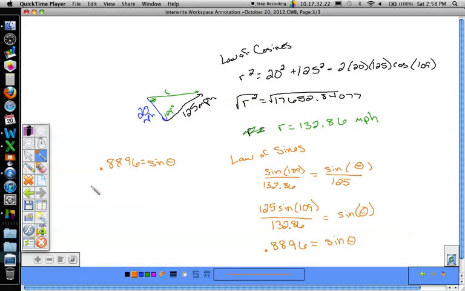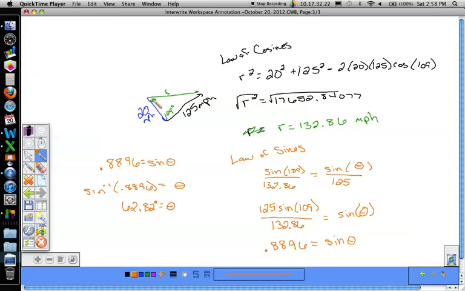Now what we're going to do is sine inverse of 0.8896 equals theta. If we do the sine inverse of sine, they cancel out, they go away. And we use sine inverse to find angles. So sine inverse of our answer there gives us 62.82 degrees equals theta. We're not quite done yet.